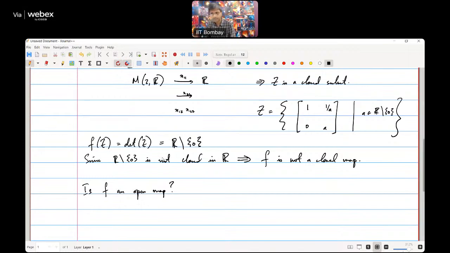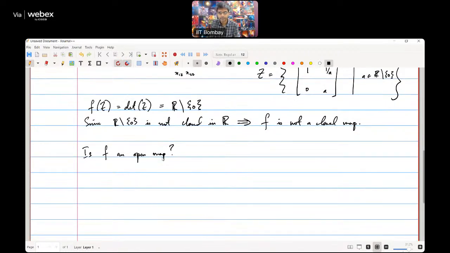So the claim is that indeed it is an open map. Yes. So how do we prove this claim? So how do we show this? So what do we have to show first?